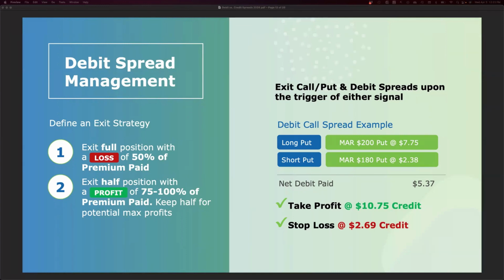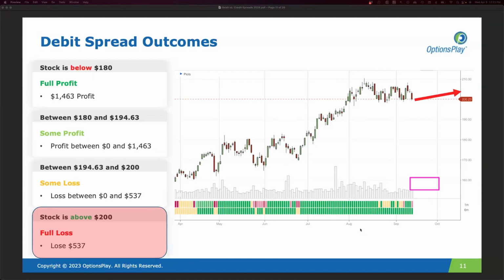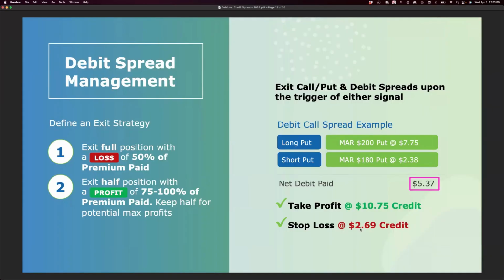But for those of you that want to stay more active and stay on top of your positions, this is one way that you can do that. So for example, in the example where we paid $5.37 for your strategy, the rule of thumb is to look at closing out your trade at about $10.75, which is a 100% gain on what you've paid.